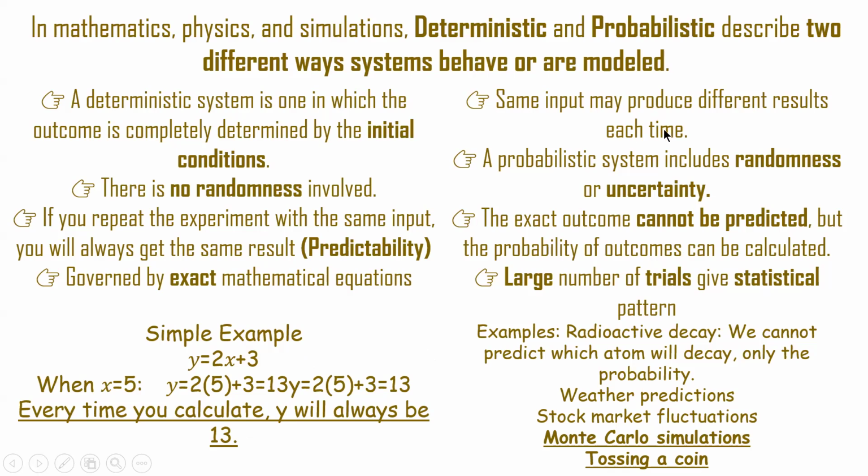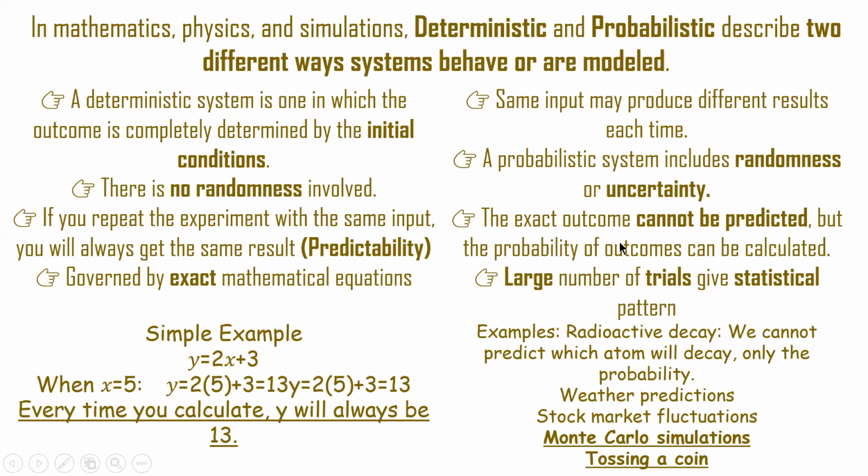Now there are systems which are not deterministic, where you cannot predict. These systems come under the probabilistic heading. If you have the inputs, but you cannot predict the results because there are some factors involved which are called randomness or uncertainty.